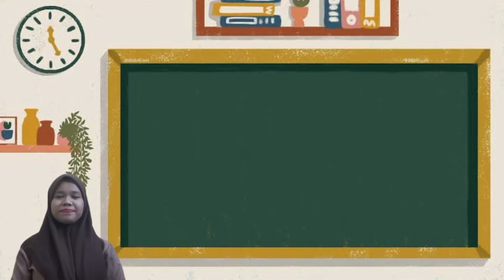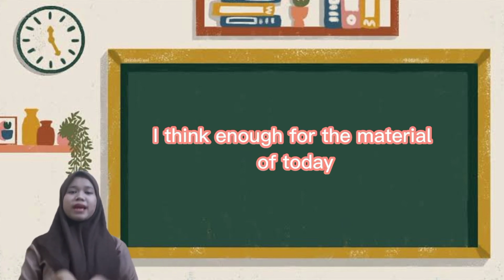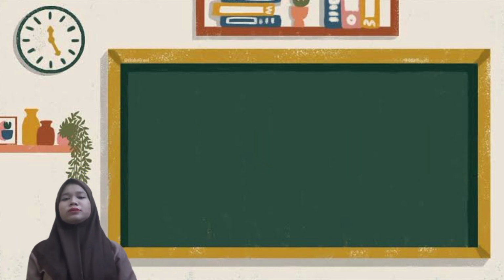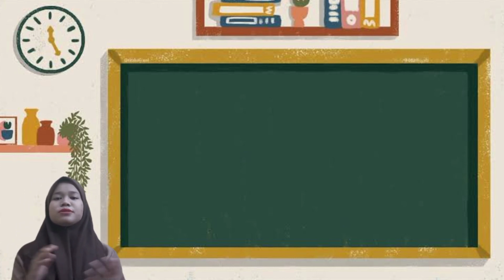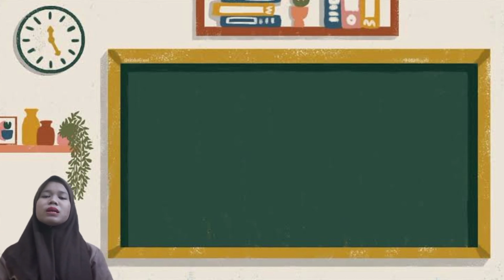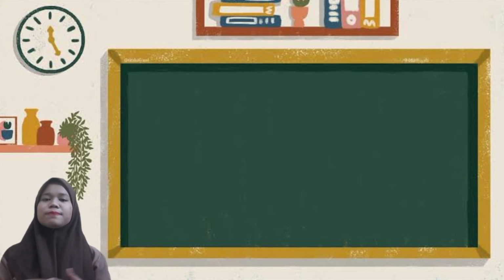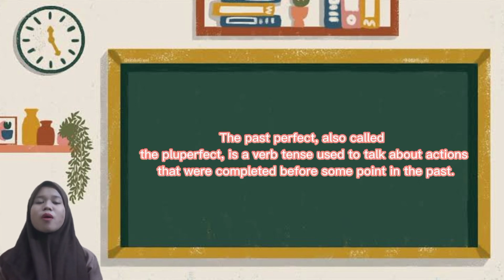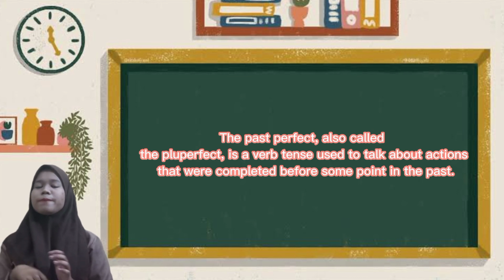Okay, students. I think that is enough for the material of today. Before I end my class today, I will conclude the material of today. It is about past perfect tense. The past perfect tense is also called the third perfect.